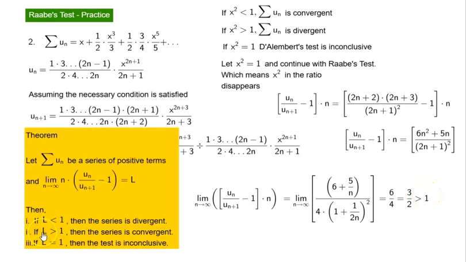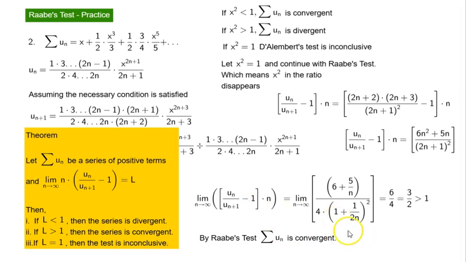Remember, here if the limit of this expression is greater than 1, then the series is convergent. So our given series is convergent when x squared is equal to 1.